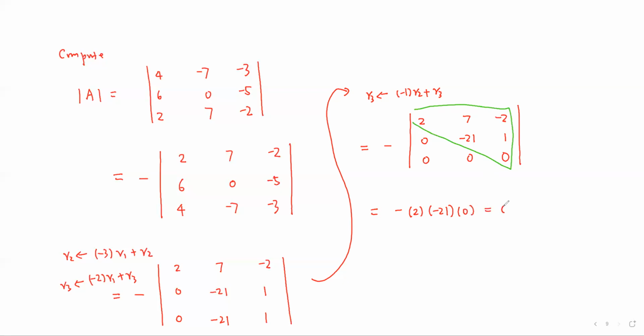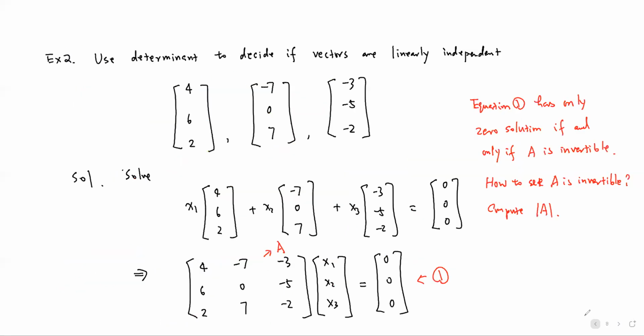So 0. Oh, determinant of matrix A is 0. Therefore, A is singular. Singular means matrix A is not invertible. Okay. All right.